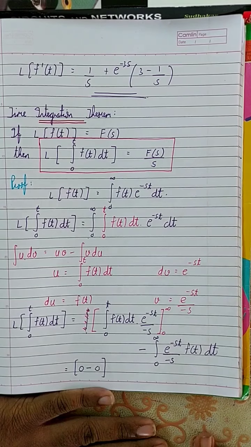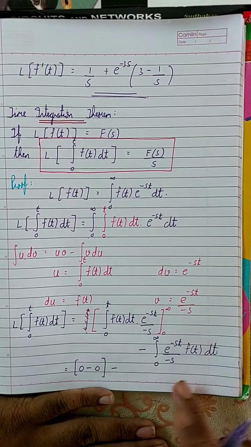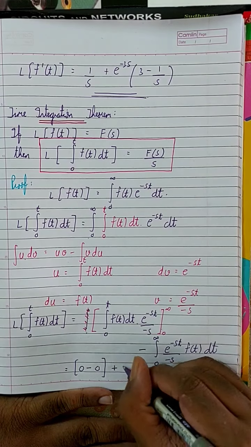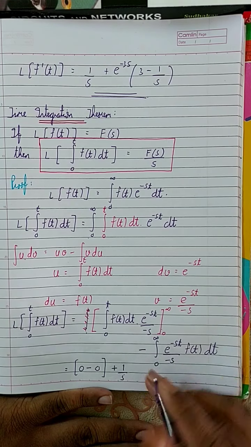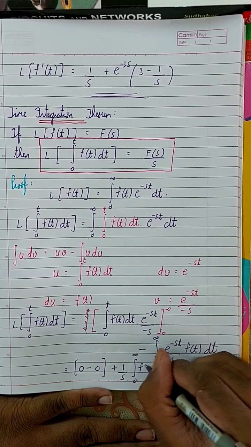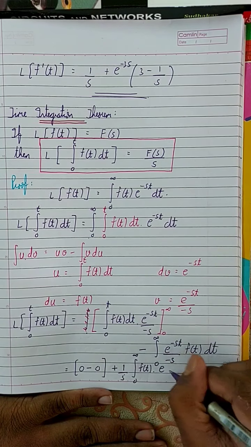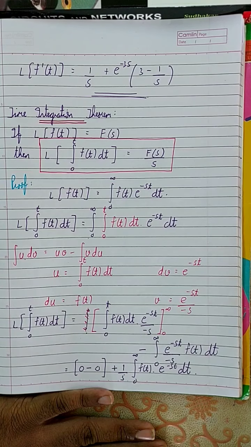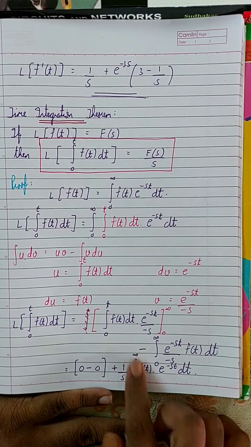Okay, minus, here this is minus, so minus becomes plus, so this is plus 1 by s, because s I can take outside, integral 0 to infinity f of t into e raised to minus st dt. And what is integral 0 to infinity f of t e raised to minus st dt?